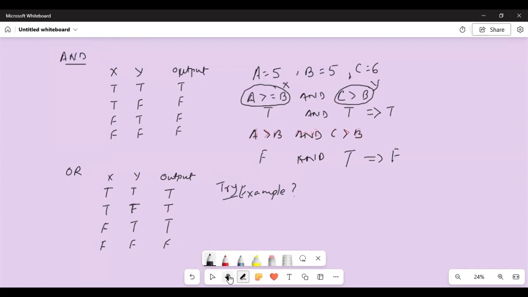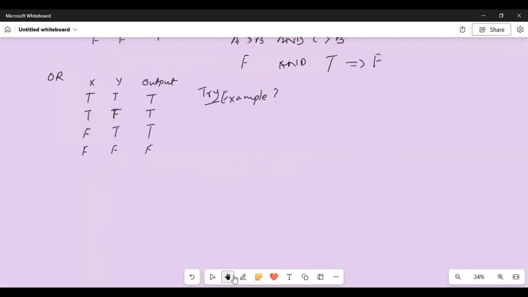Okay, and the last and the final one is the NOT operator in the logical operators. NOT requires only one operand, x, and the output will be not of x. So if x is true, my output is going to be false, and if my input x is false, then my output is going to be true. Mostly this not operation is used with the while condition or for any condition check.